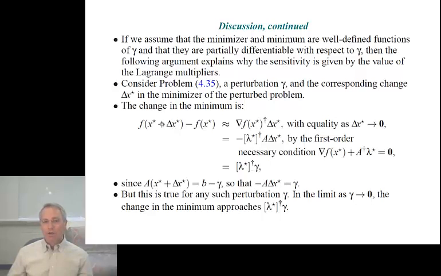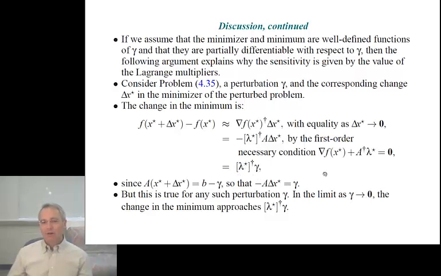What have we just shown? The difference between the minimum of the perturbed problem and the minimum of the original problem is approximately proportional to gamma, and that proportionality is given by lambda star transpose. And this is true for every gamma.